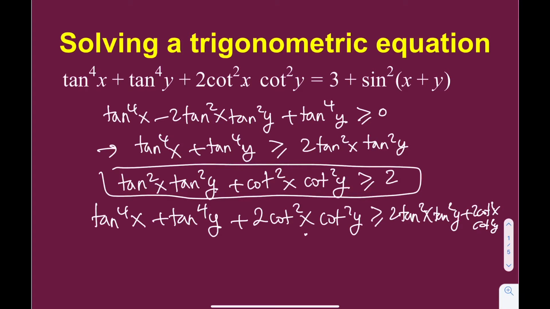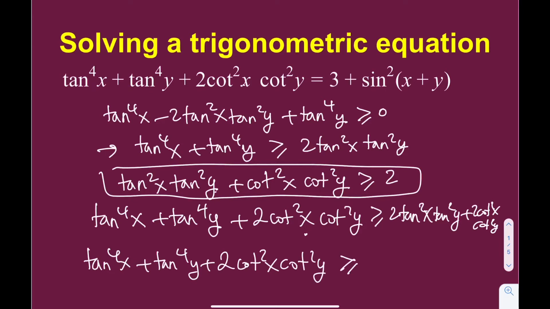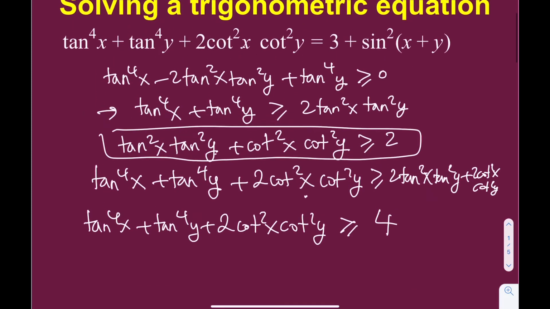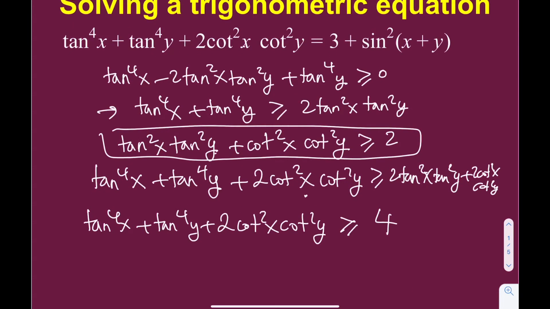Okay? So from here we get that tangent to the fourth power x plus tangent to the fourth power y plus 2 cotangent squared x cotangent squared y is greater than or equal to 4, which is the left-hand side of our equation. Okay? And we have this expression on the right-hand side, so we're going to take a look at that.